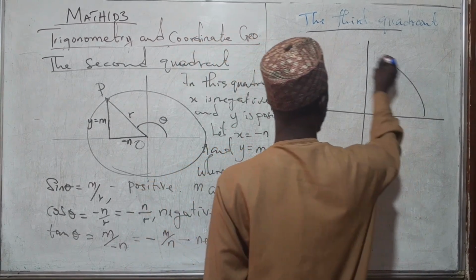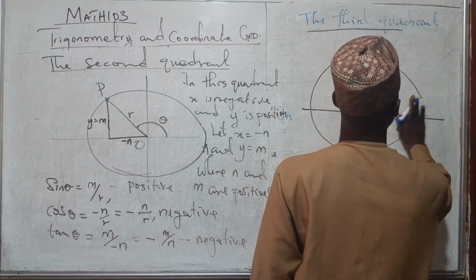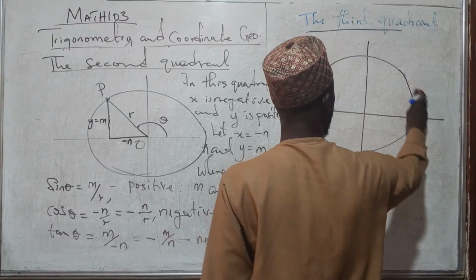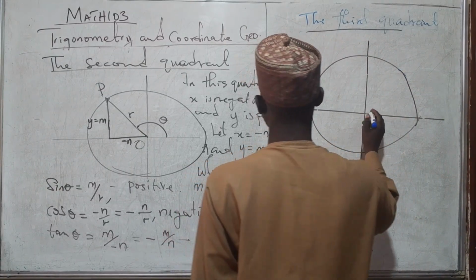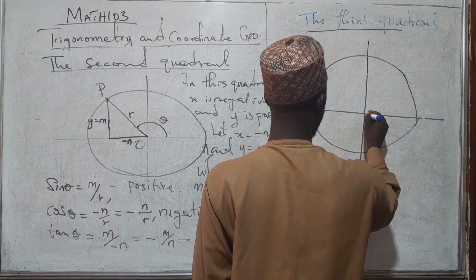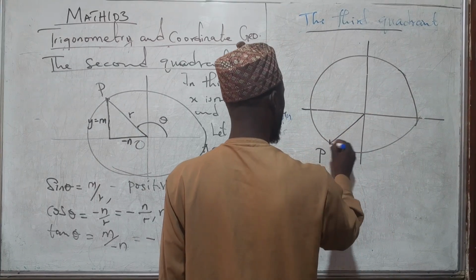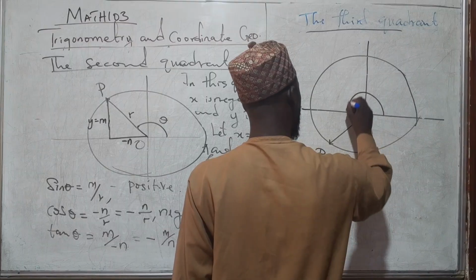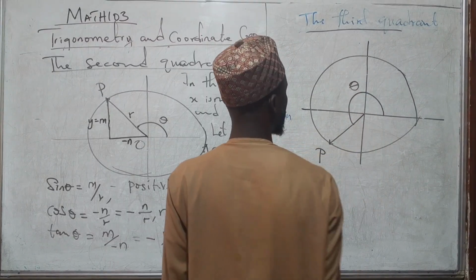So I have the circle on the xy plane, and theta is in the third quadrant, meaning the point P is here, and this is the angle theta in the third quadrant.